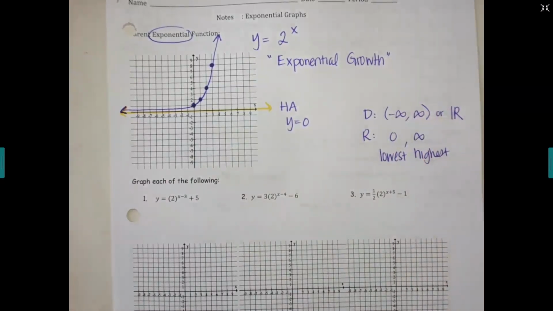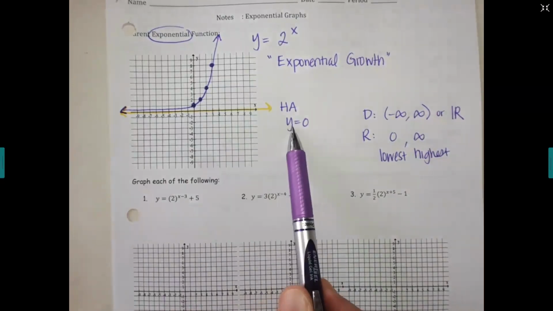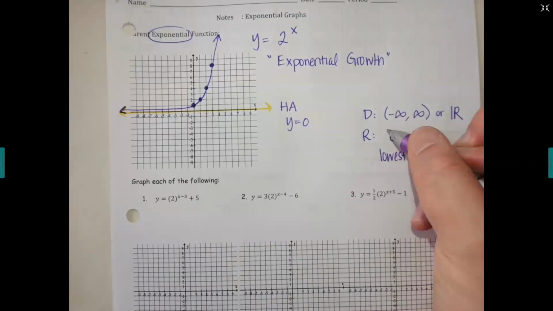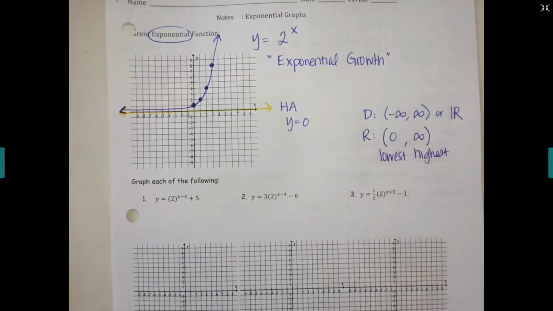Now, normally on numbers, we give a bracket, and what that means is that you get to that number. But because I get closer and closer to 0 but can't touch it, I'm going to do a parenthesis on both sides. I can't get to infinity, and I also can't get to 0. So we do parentheses on both sides.